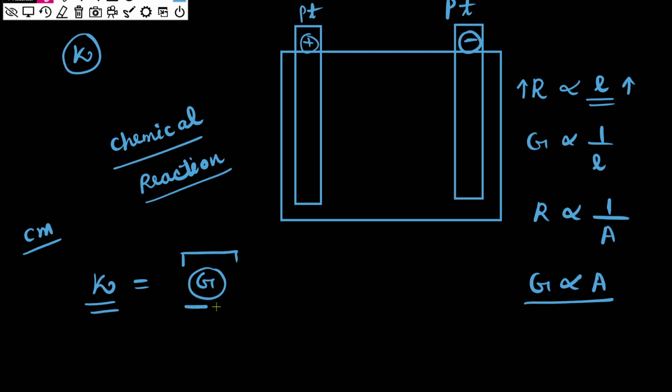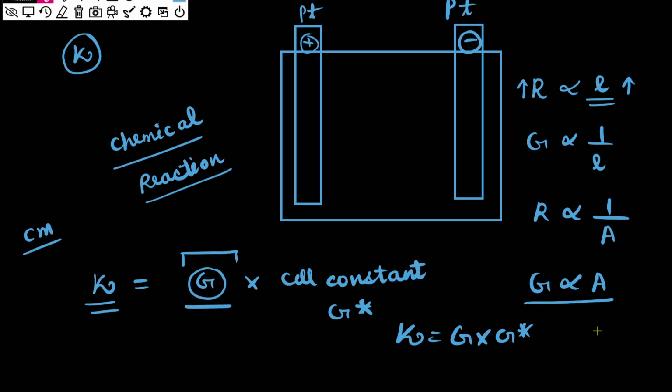So we are adding dimensions to it. It will be multiplied simply by the cell constant. And the cell constant is the dimensional constant of a particular cell and it can be represented as G star. So kappa is nothing but G multiplied by G star. And the unit of kappa I have already told you, that is Siemens per centimeter.